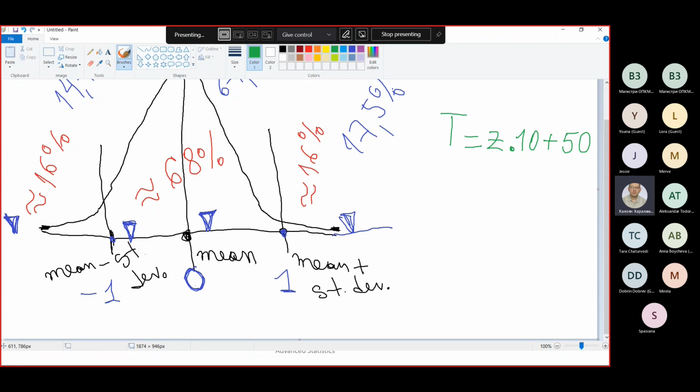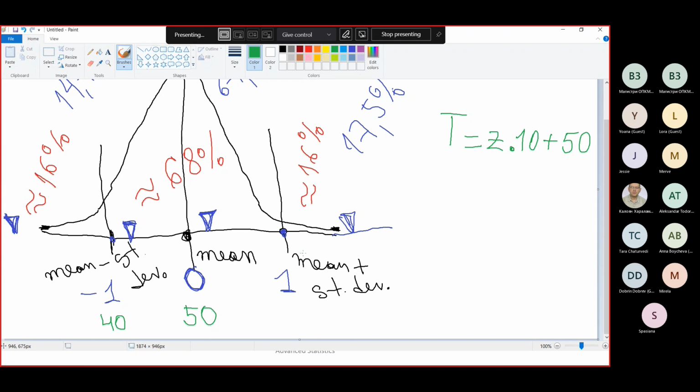Then his or her T-score will be 50. If the raw score of one particular person is equal to mean minus 1 standard deviation, then his or her Z-score will be minus 1. Then his or her T-score will be 40.